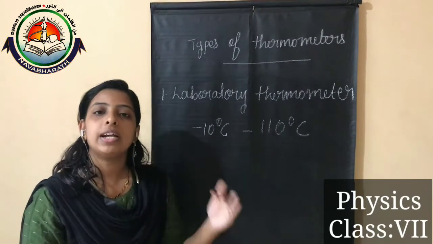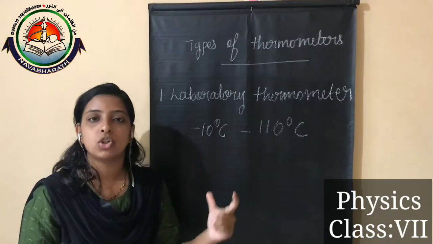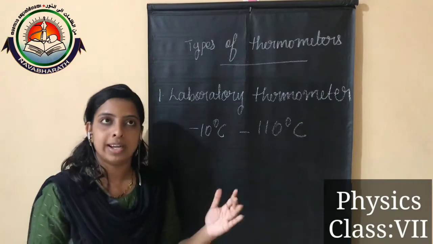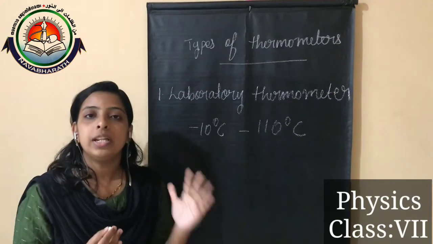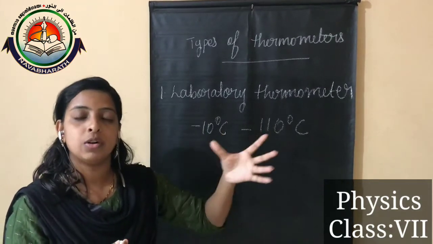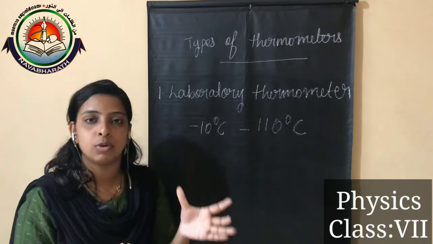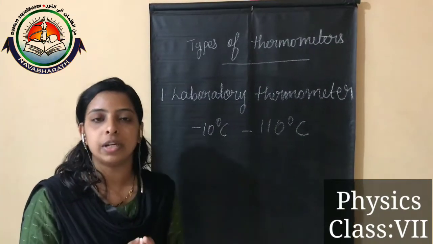If we need to find the temperature of a hot object, like hot water in a beaker, what we have to do is dip the bulb of the thermometer into the beaker containing the hot water.